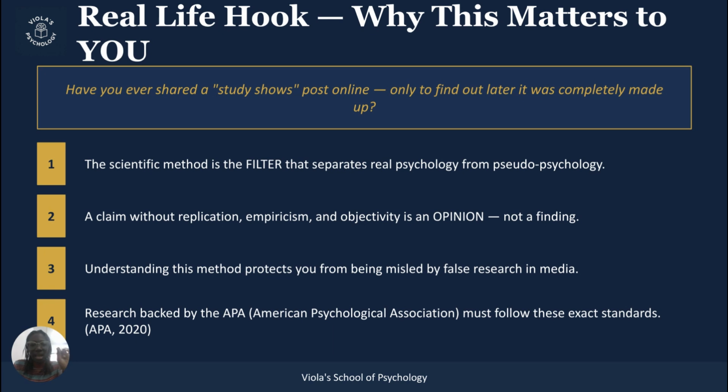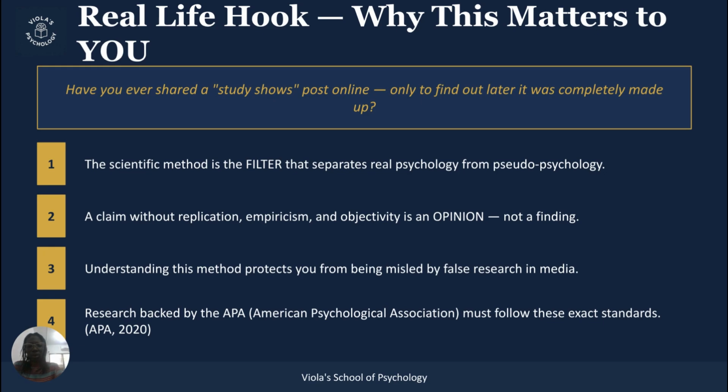The American Psychological Association, known as the APA for short, sets the standards for what counts as legitimate psychological research, and every standard they set comes back to these same 4 pillars. Even the APA themselves use the 4 pillars I just mentioned to test their standards, to make sure that these standards are scientific enough, tested enough to be used.